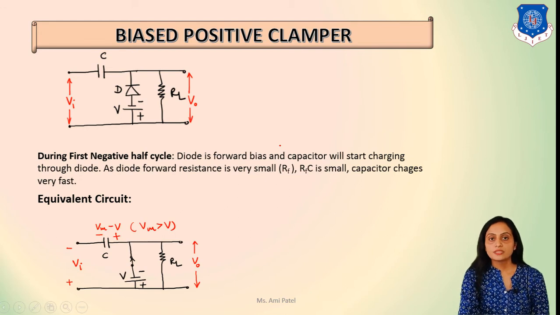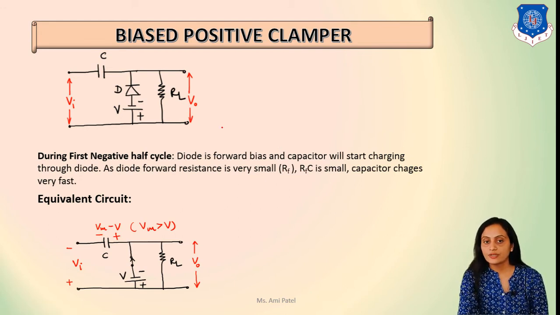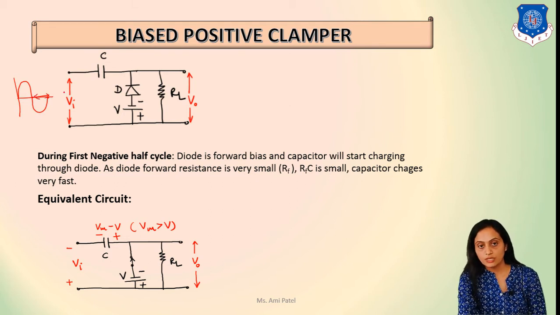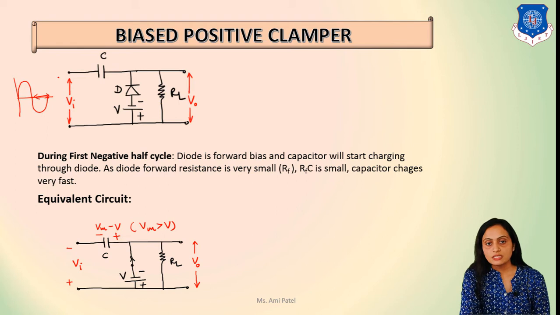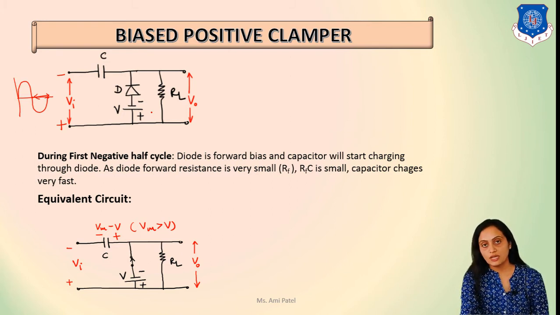Now what happens in the first negative half cycle is what we are going to look at. Here we are applying the sinusoidal signal, and during the first negative half cycle, during this particular time period, let us see what happens. This is a minus terminal, this is a positive terminal. You might have a question in your mind: why are we not discussing the first positive half cycle?